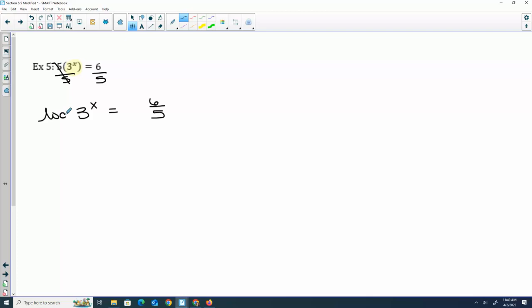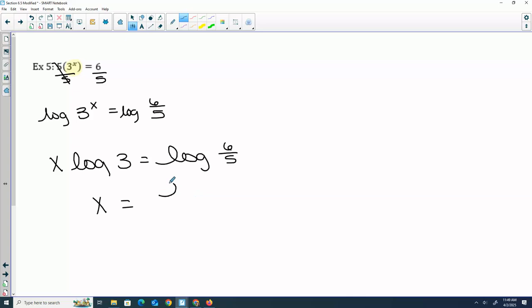When you do that, the benefit is exponents come down in front. So we get x log 3. Divide by log 3. x is log of 6 fifths divided by log 3. You're welcome to put parentheses around those if you want. On your decimal, 0.166.